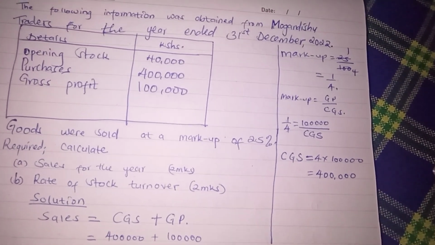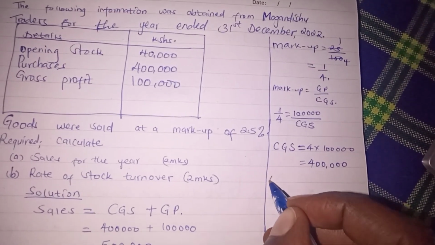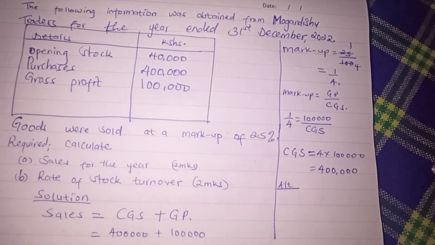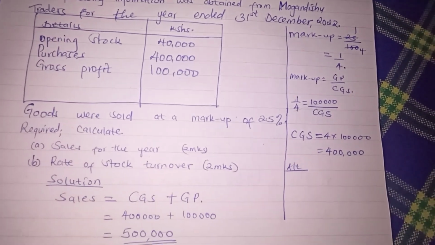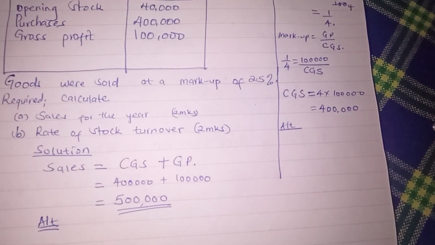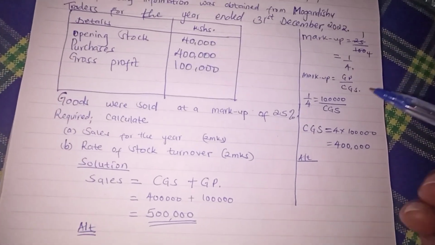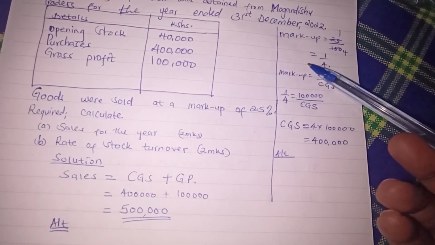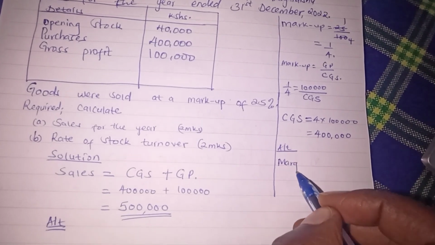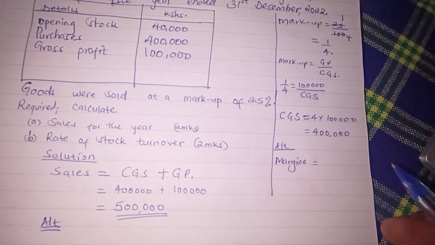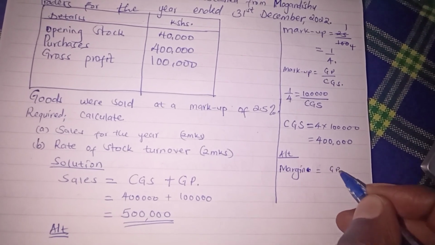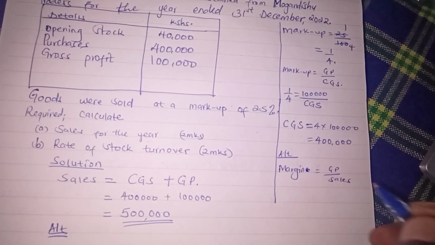Now learners, there is also another alternative method where you can get the sales figure directly. We have the markup as a quarter, so we can come directly and get our margin. Margin is given by gross profit divided by the sales.